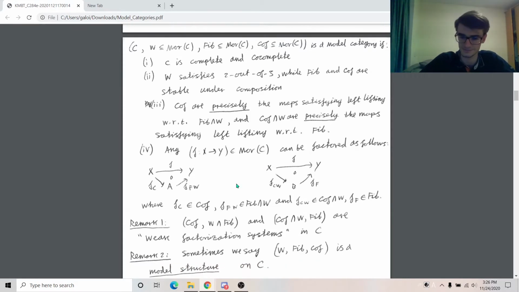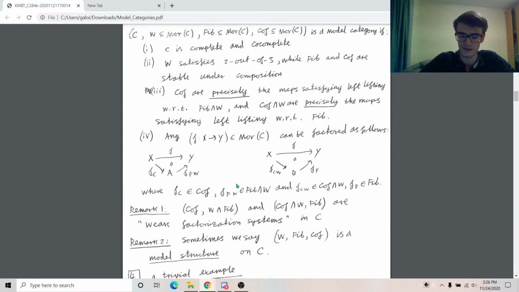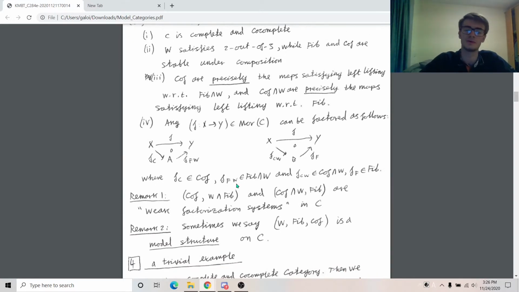Now, a few remarks. You can look up weak factorization systems. You can make the definition more compact. The definition is essentially a statement that cof against W intersect fib, and cof intersect W against fib, are weak factorization systems.